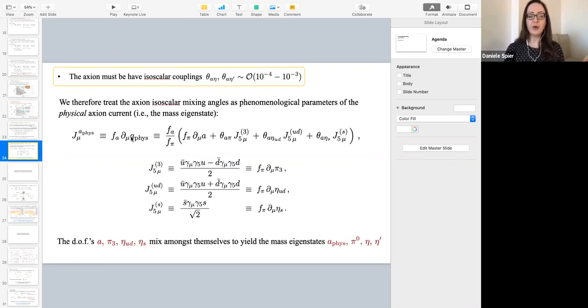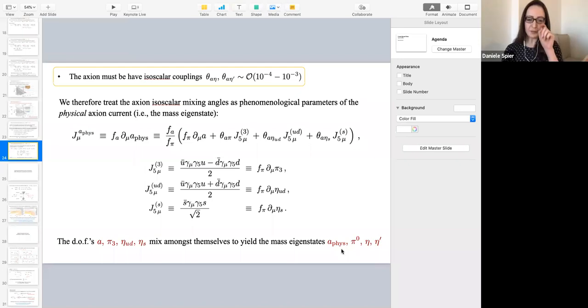So the physical axion is a mixture of that field that appeared as a phase of the quark masses, of the neutral pion, and of these two degrees of freedom that I called eta UD and eta S. All of these will mix amongst themselves to give you the physical eigenstate. I'm sorry, I understand. So you're just rewriting the physical axion in terms of those mesonic fields. Okay. Yes. My question was incorrect. I'm sorry. No, that's fine.